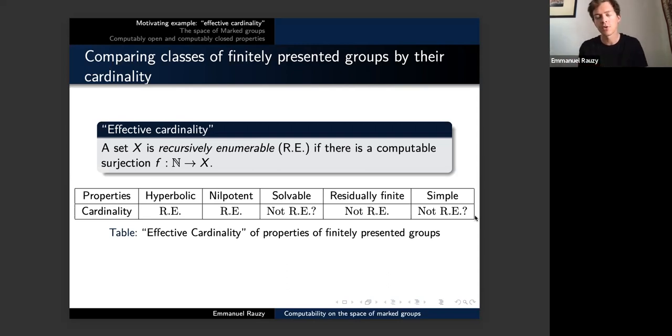But if we use computability theory, then we recover our tool to distinguish between those properties. And obviously the fact that, for instance, the set of residually finite groups is not recursively enumerable is relevant. It means that the question, what is a finite presentation of a residually finite group, doesn't have a very good answer.